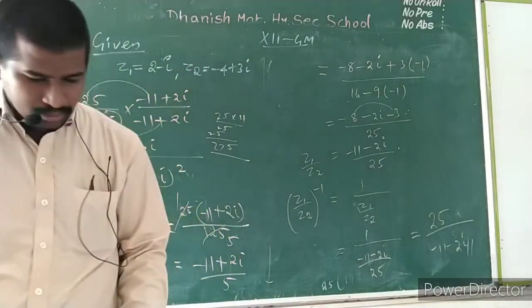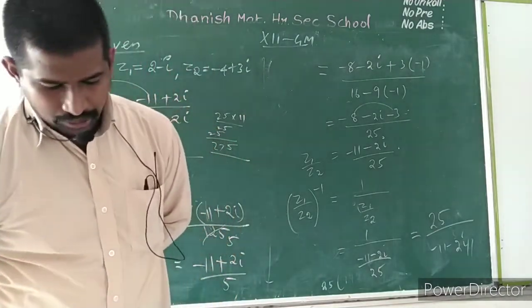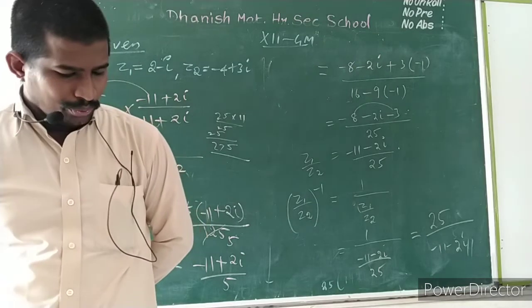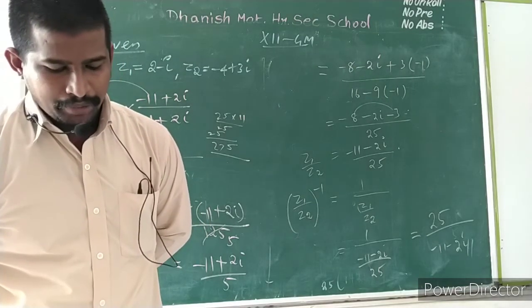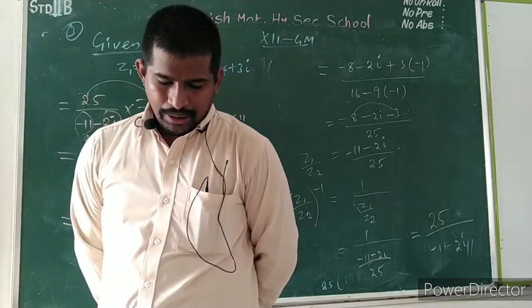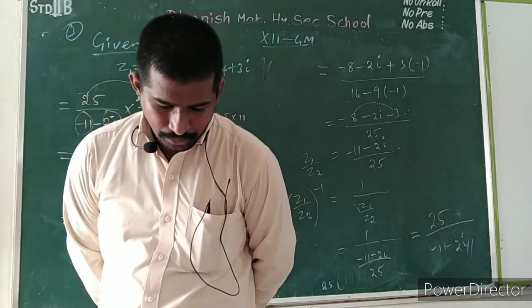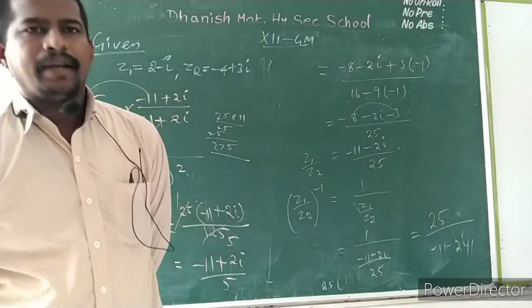Now look at the fourth one. Look at your book carefully. The fourth one: the complex numbers u, v, w are related by 1 by u equal to 1 by v plus 1 by w. If v equal to 3 minus 4i and w equal to 4 plus 3i, find u in the rectangular form.